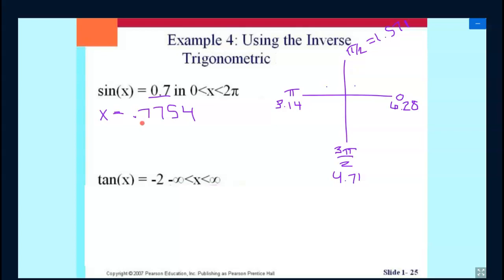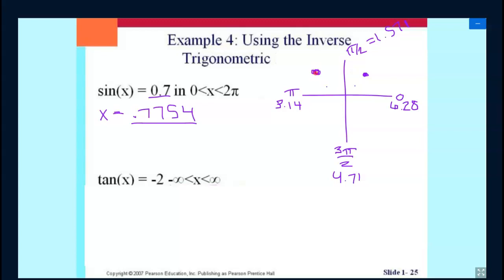So where does this 0.7754 occur? What quadrant? 1. Thank you. So it's hanging out somewhere over here, right? Where does the other sine positive value need to come from? What quadrant? Where other quadrant is sine positive? 1 and 2.